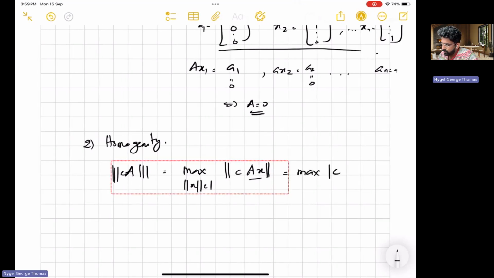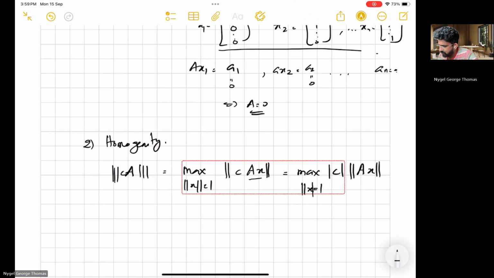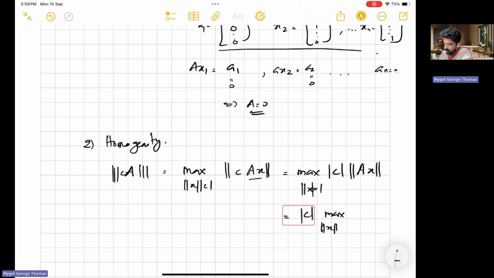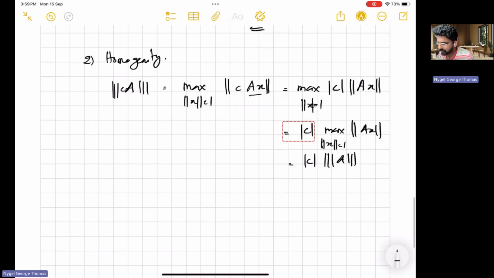You can take this as the max of |C| times the norm of AX. It's a positive constant times a positive quantity, so you can take the constant outside. That is |C| times the max over norm of x equal to 1 of the norm of AX, which is |C| times the matrix norm of A.